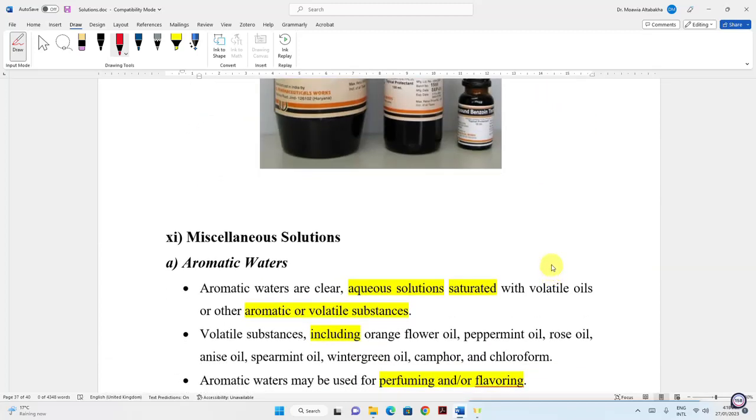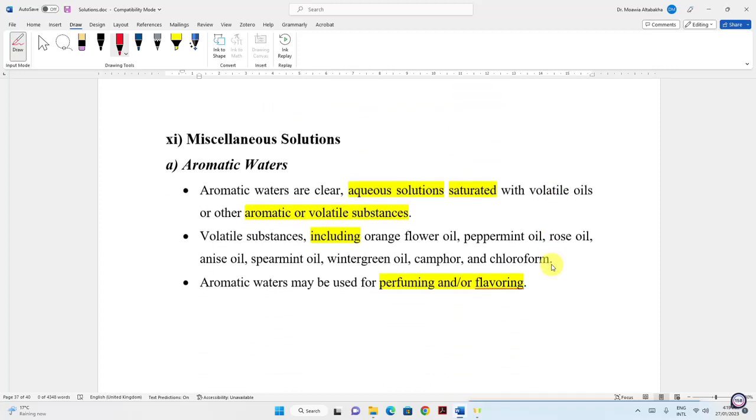Miscellaneous solutions. These include aromatic waters. Aromatic waters are saturated with volatile oils or other aromatic or volatile substances, meaning something that has a nice smell. Of course, you know that it is difficult to dissolve a volatile oil in water because they don't like each other. That's why, although the term here is saturated, it doesn't mean it's concentrated.